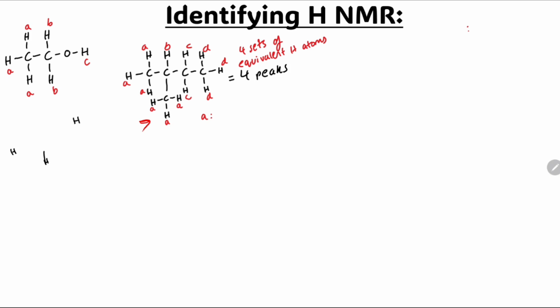I just count how many hydrogens are named A. So there are 6 of them. Then on hydrogen B, there's 1 of them. And then hydrogen C, there's 2 of them. And hydrogen D, there's 3 of them. So that's how the integration ratios work, and that's how the integration values work.